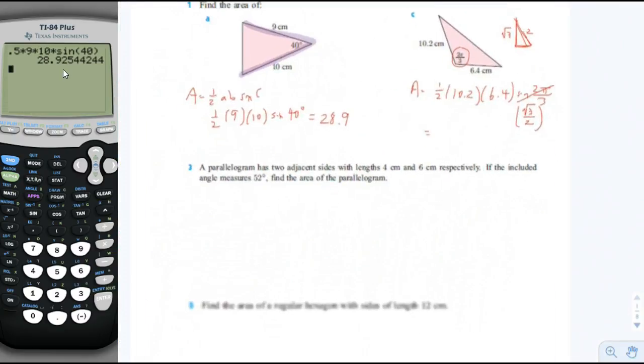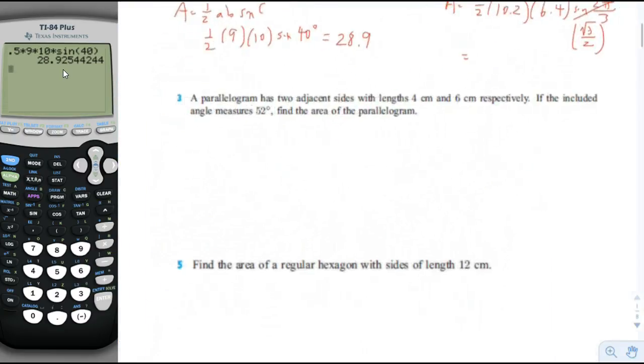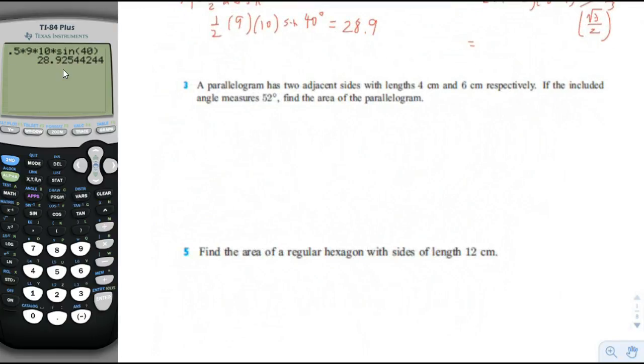Alright, number 3. A parallelogram has two adjacent sides with lengths 4 and 6 respectively. So a parallelogram normally looks kind of like that. And so let's say it's got a side that's 6 and a side that's 4. If the included angle measures 52 degrees, find the area of the parallelogram.